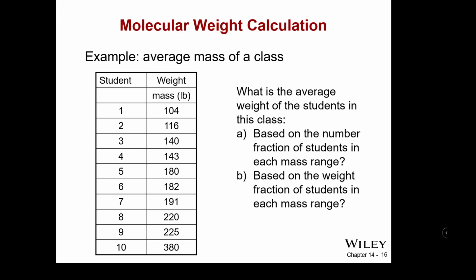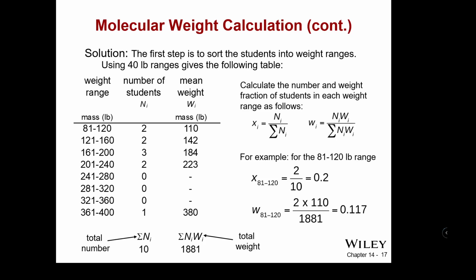And we want to know what is the average weight of the students based on the number and then based on the weight fraction. So number fraction is fairly straightforward to calculate. The weight fraction is easier in a lot of ways.